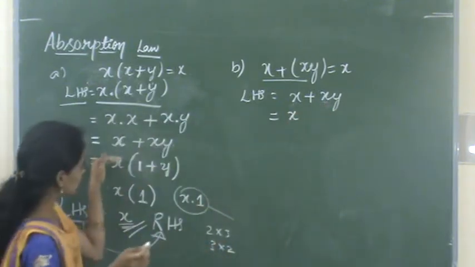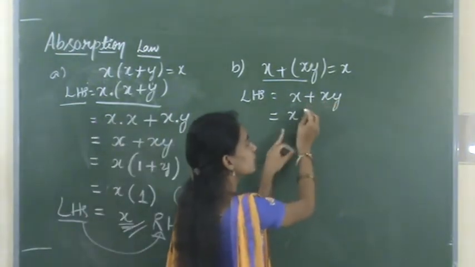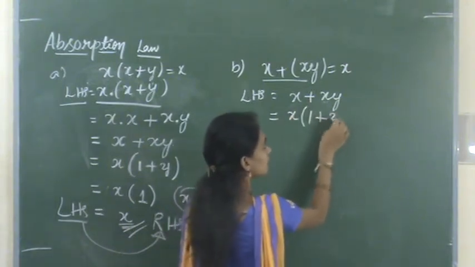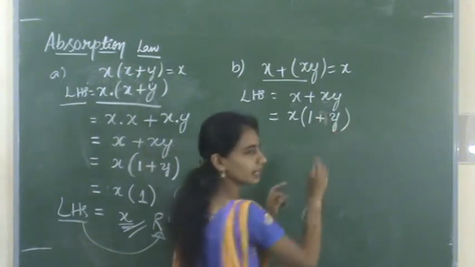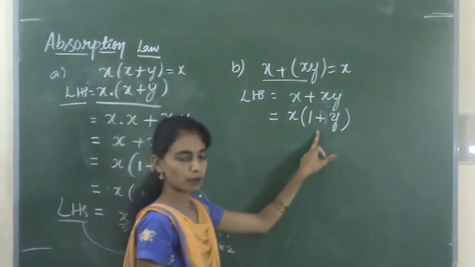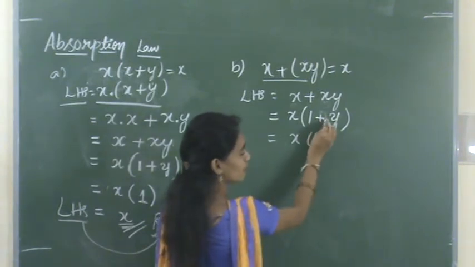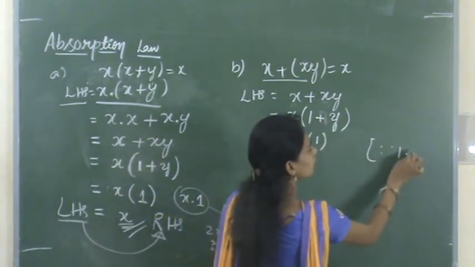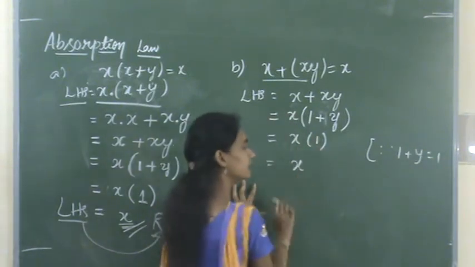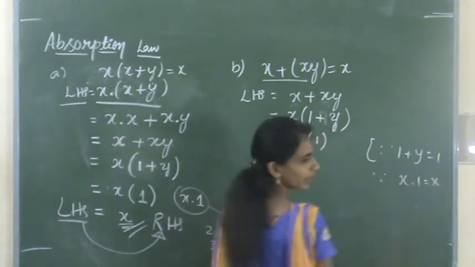Taking x as a common factor, we get 1 plus y. As I told before, according to the property of 1, 1 plus y is equal to 1. So we get x into 1, and x into 1 is equal to x only.